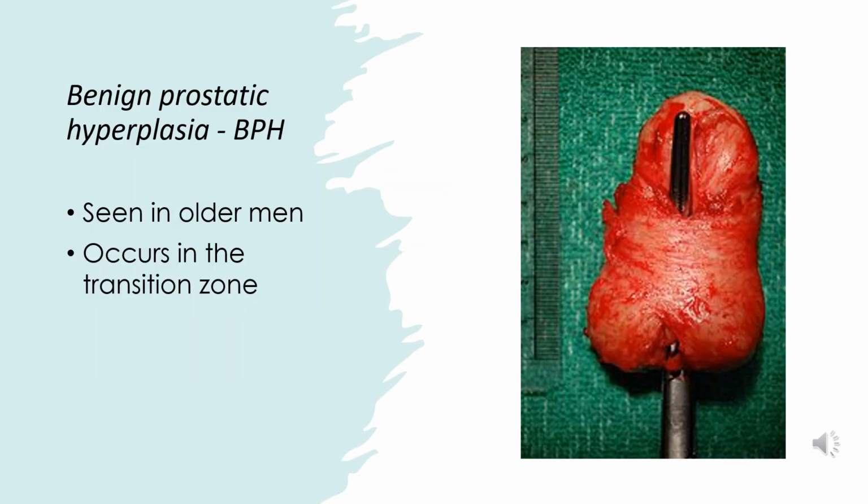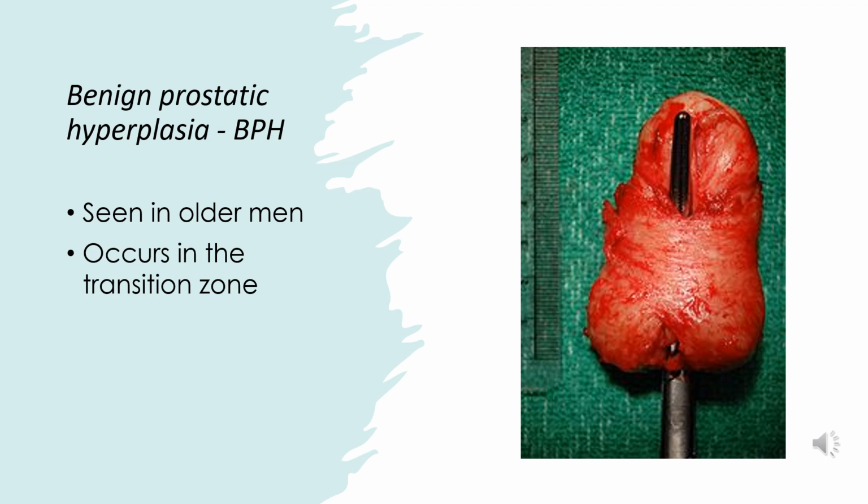First we will take up benign prostatic hyperplasia, also termed benign prostatic hypertrophy. There is an invariable enlargement in the size of the prostate gland in males above 50 years of age.